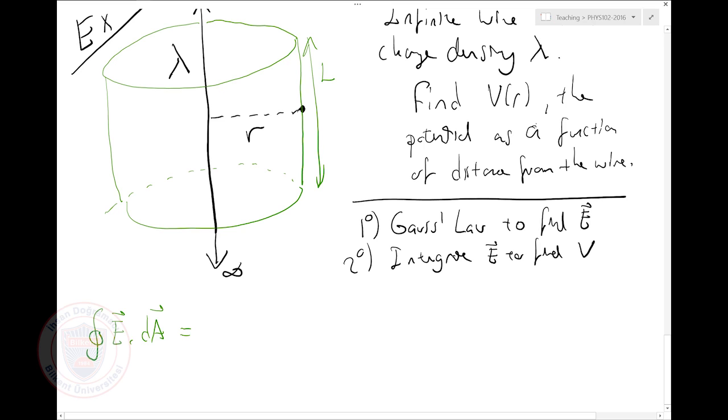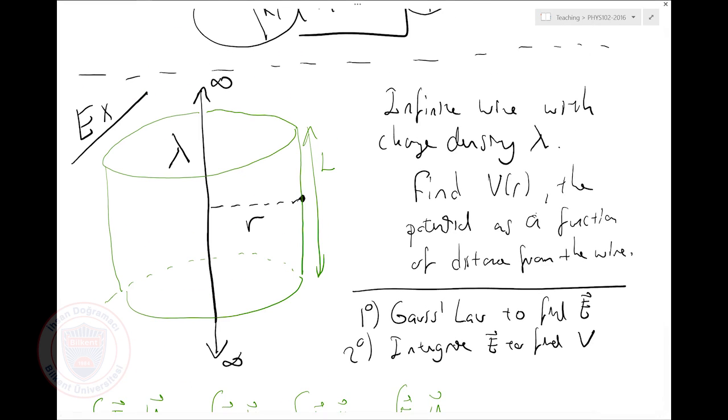There are three surfaces here: top surface, bottom surface, and the sides. So let me separate E dot dA into three parts. E dot dA on the top, E dot dA at the bottom, and E dot dA on the side.